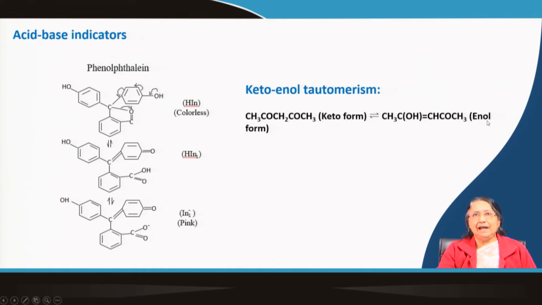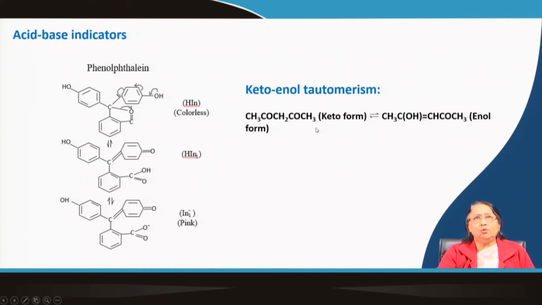Enol means 'en' and 'ol'. 'En' means double bond, and 'ol' means alcohol. So, in this form there are both the double bond and also the OH group, that is why it is called enol, and this is the keto. So, this form is the tautomer of this, and this is called keto enol tautomerism, keto form and enol form, whatever you may call.